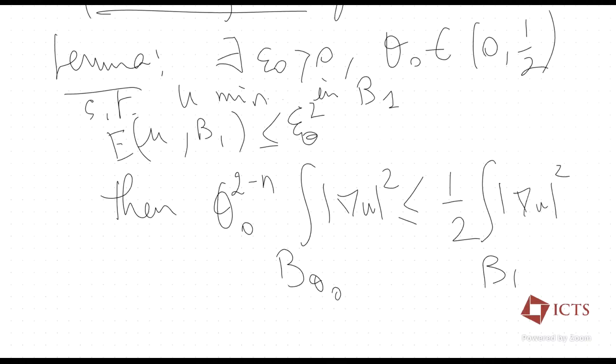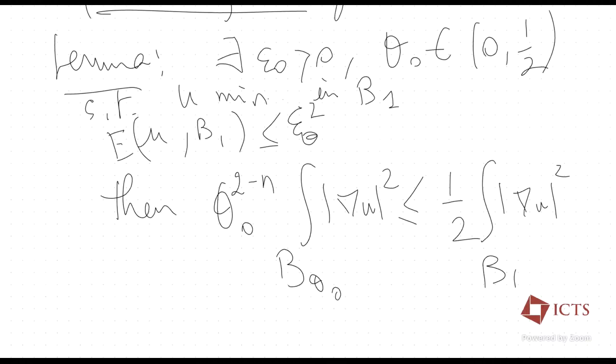So it tells you that if the energy in a ball of radius 1 is small enough, then in smaller balls you have geometric control, because theta naught is a small constant, close to 0 but less than 1/2, and here you have 1/2.